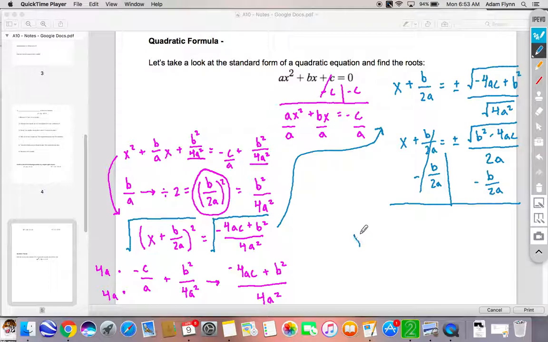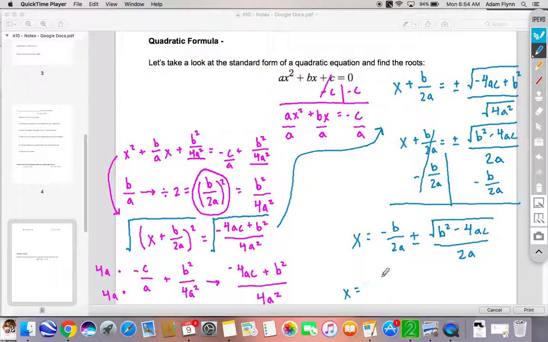So I get x equals negative b over 2a plus or minus the square root of b squared minus 4ac, also all over 2a. So since these have common denominators, I'm just going to put my negative b plus or minus the square root of b squared minus 4ac all over just one 2a.